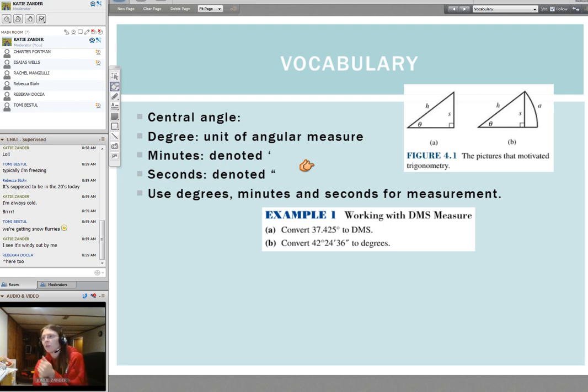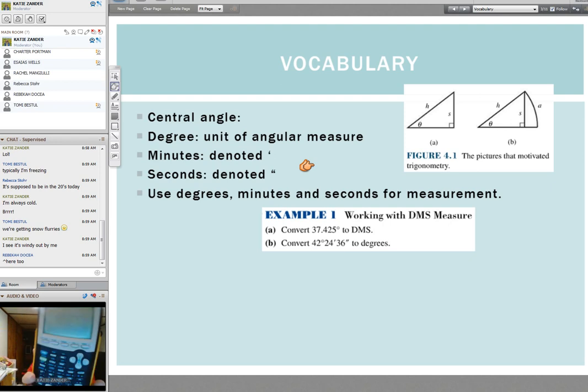So it's going to be really important that we pay close attention to what we're working in. Are we working in degrees or are we working in radians? Because that will decide whether we get the correct answer or not. Now, if you have your graphing calculator, the good news is that it works in both of these units of measure.